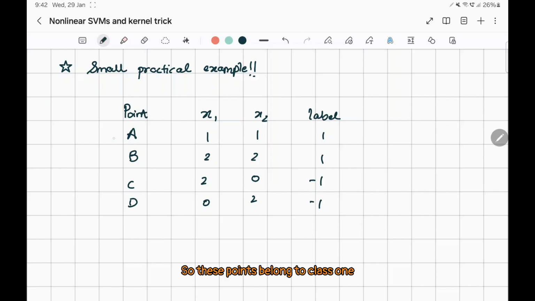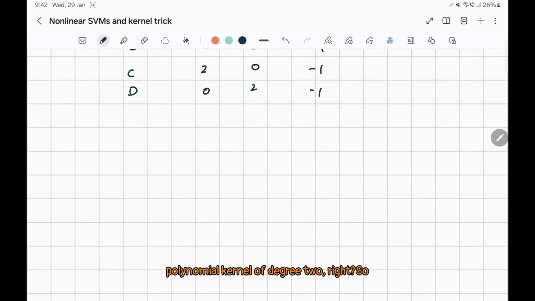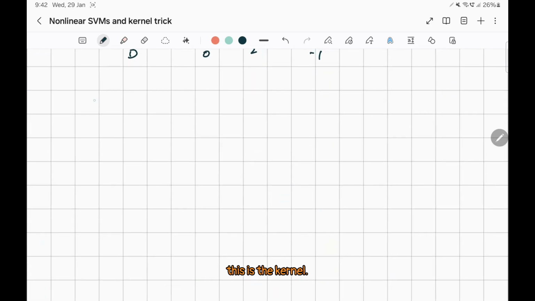So A and B belong to class 1 and C and D belong to class -1, and we suspect that this set might not be nicely linearly separable, so we apply a polynomial kernel of degree 2, right? So this is the kernel.